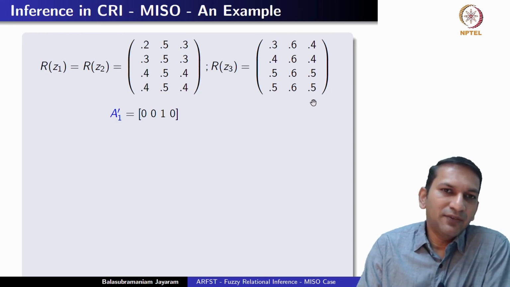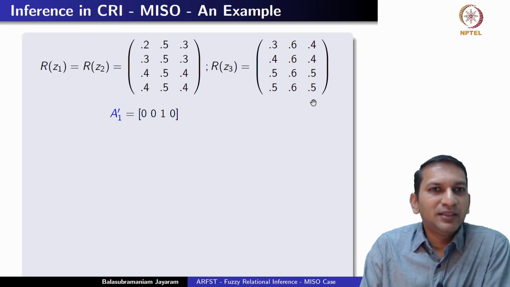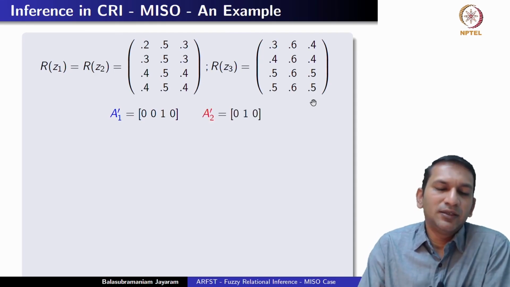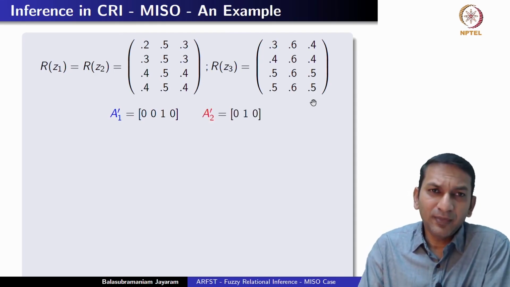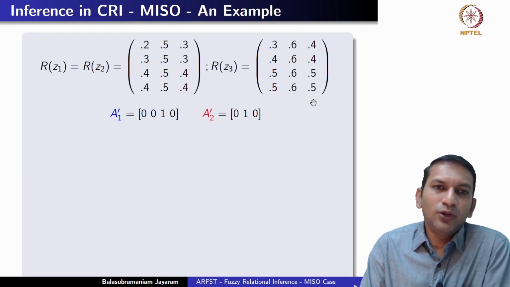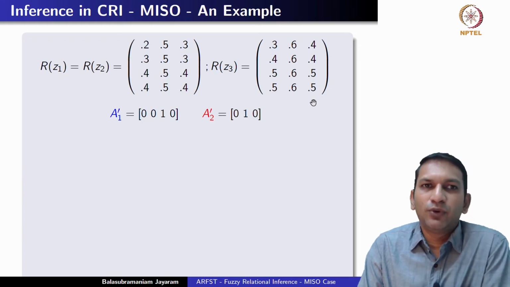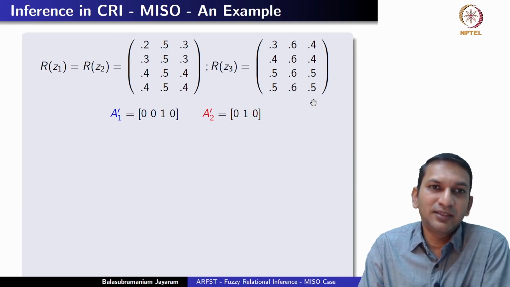Let's for the moment take a very simple case wherein the given inputs A1 dash and A2 dash are in fact singletons. That means what? They take the value 1 at only one of those 4 discretized points, and 0 everywhere else.